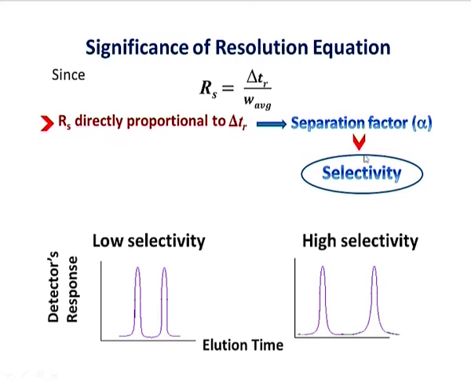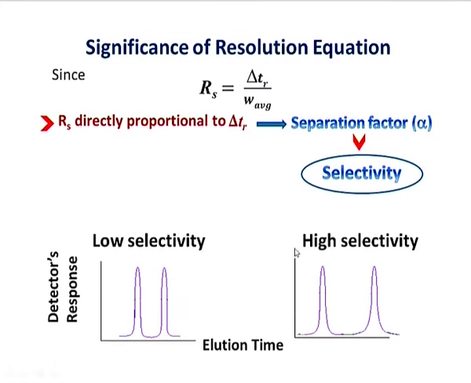What do we mean by this selectivity now? Again, I draw your attention to these 2 chromatograms. Out of these 2, the first chromatogram is less selective vis-a-vis the 2 peaks, as you would see that both the peaks are quite close to each other.